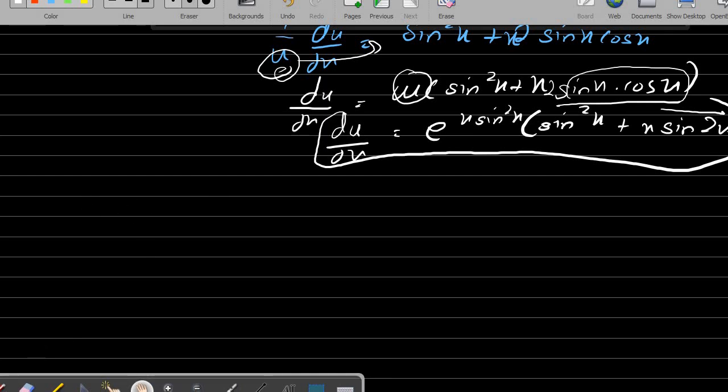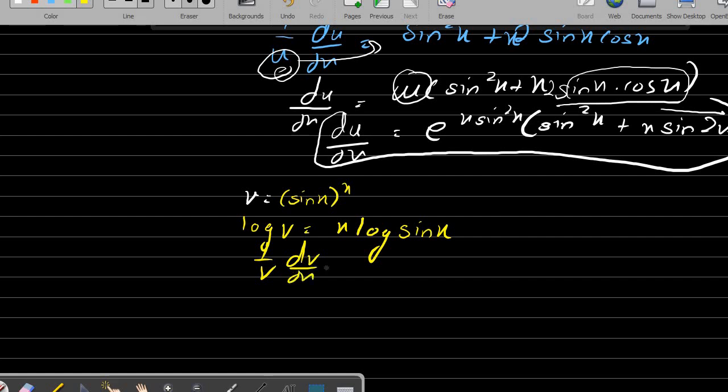So now we are doing dv by dx. What is v? It is sine x raised to the power x. Take log on both sides, x would come down, log of sine x. This is pretty easy, 1 upon v again, dv by dx.